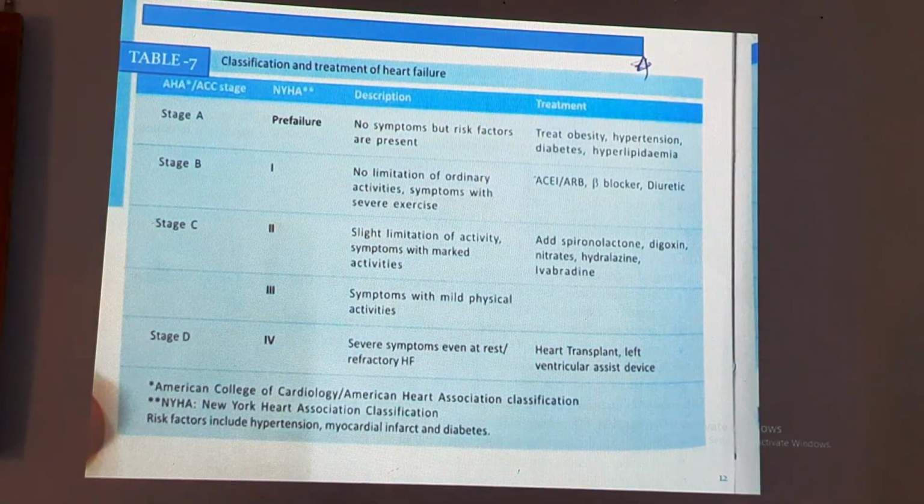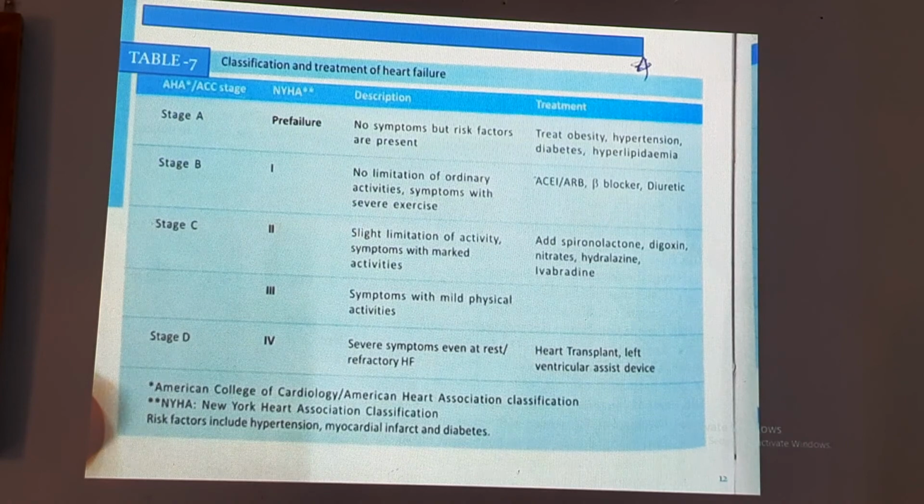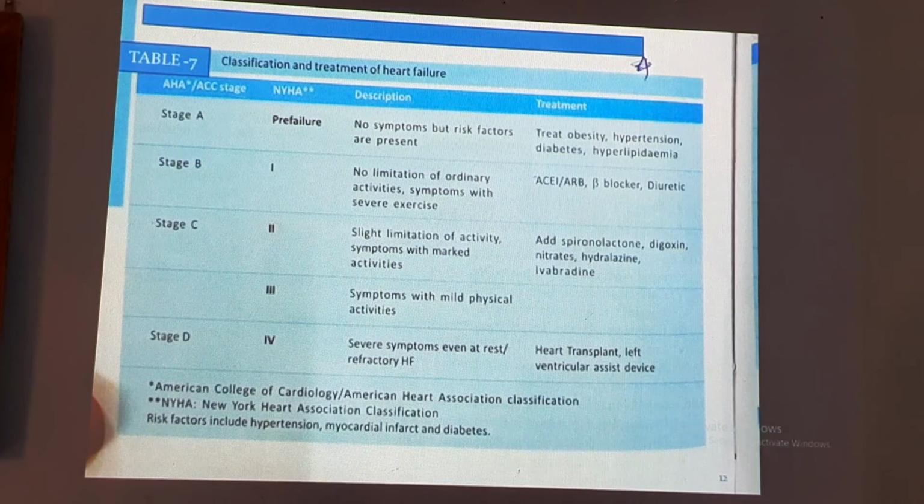Coming to the classification and treatment of heart failure. Classification of heart failure by the American Heart Association is designated as stage A, stage B, stage C and stage D, while the New York Heart Association, NYHA, divides it into a pre-failure state and stage 1, stage 2, stage 3 and stage 4.